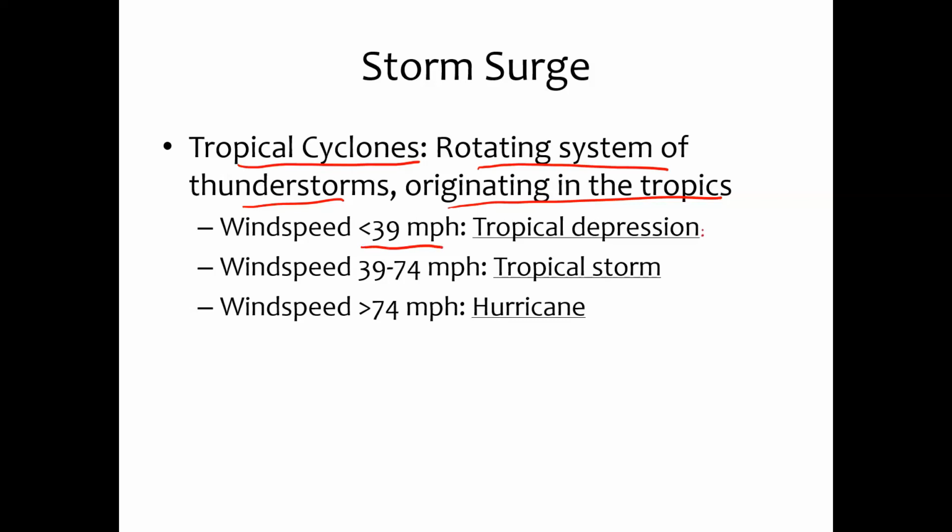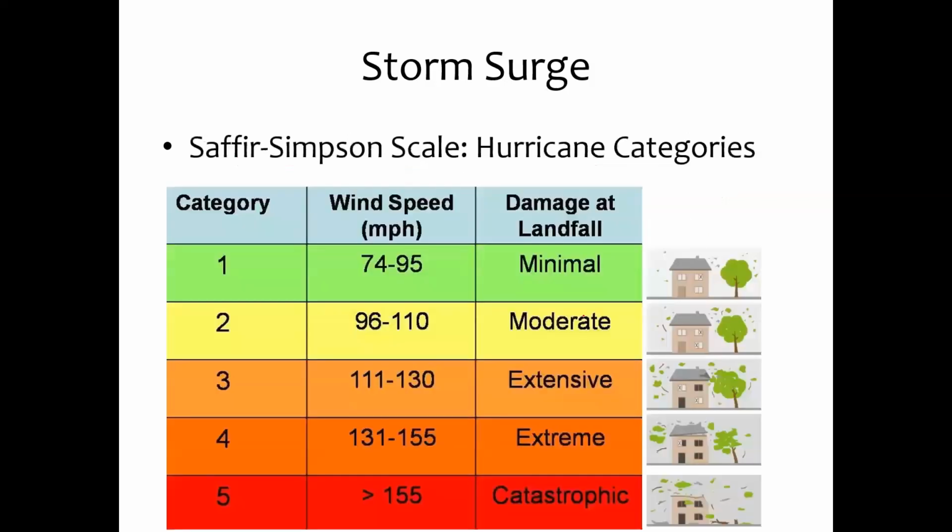Low winds and it's a tropical depression, moderate strength winds and it's a tropical storm, high winds and it is a hurricane. And we can classify those hurricanes further based on their wind speed. Much like we have the moment magnitude scale for earthquakes or the volcanic explosivity index for volcanoes, we can describe the strength of hurricanes on the Saffir-Simpson scale.